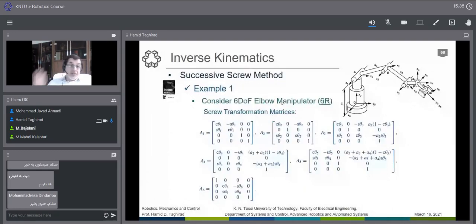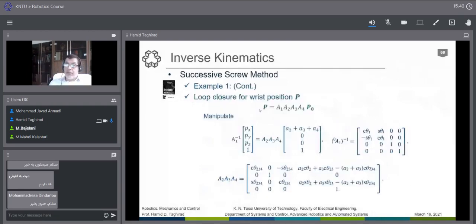We say that the position of that wrist point P in a general configuration, given by Px, Py, Pz, we can find from the end effector manipulator position. This can be found by the golden rule of the screw, successive screw mapping A1 to A4, of the same position at the reference frame when we have the robot fully extended, and then we can find this relation like that.